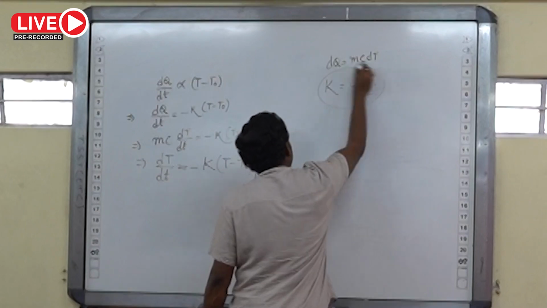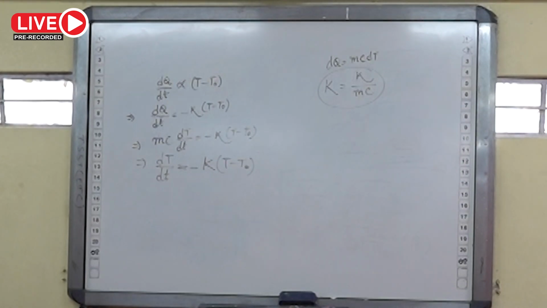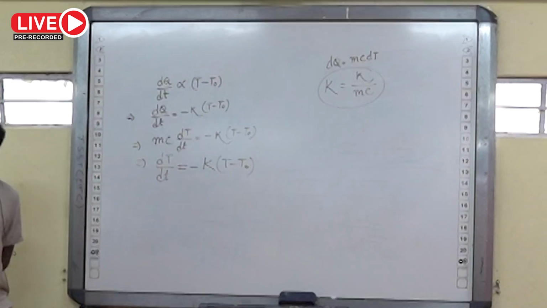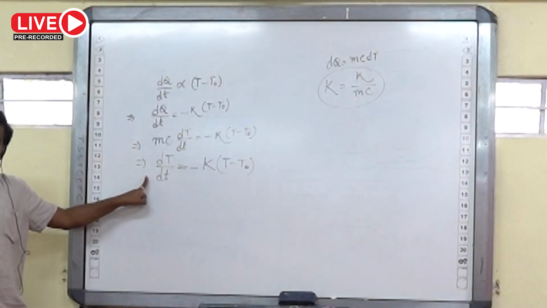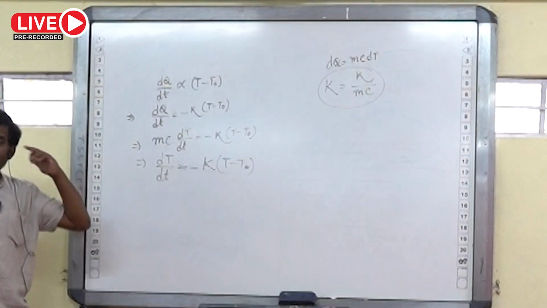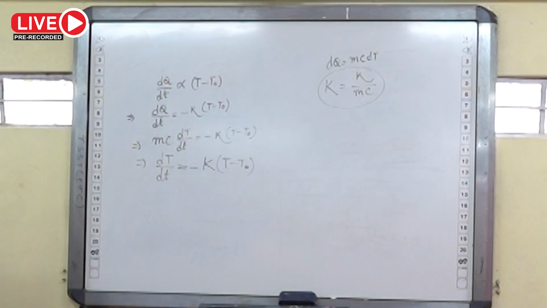This entire thing is considered as a constant. This C is the specific heat capacity. Sometimes you can write it also as S, but since I used Cp and Cv in thermodynamics, that's why I write C. So this is the rate of decrease in temperature. That is also directly proportional to the difference of temperature T minus T0 between the body and the surrounding when the difference of temperature is low. It is termed Newton's law of cooling.